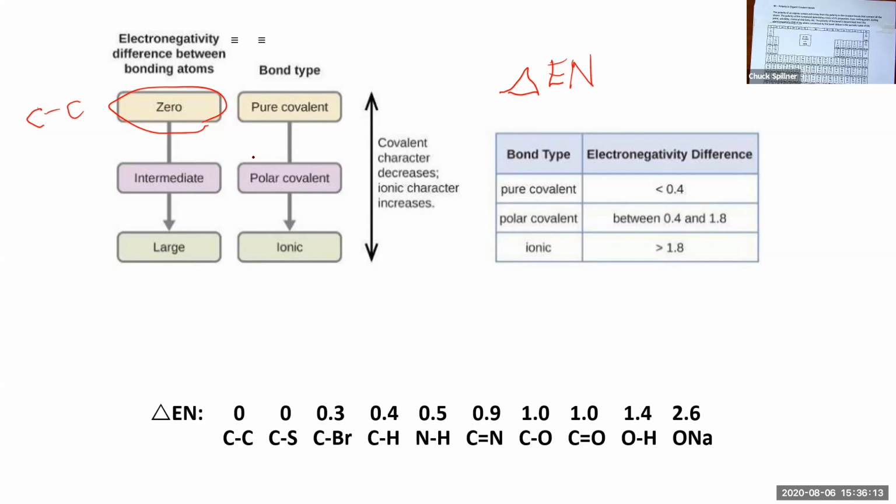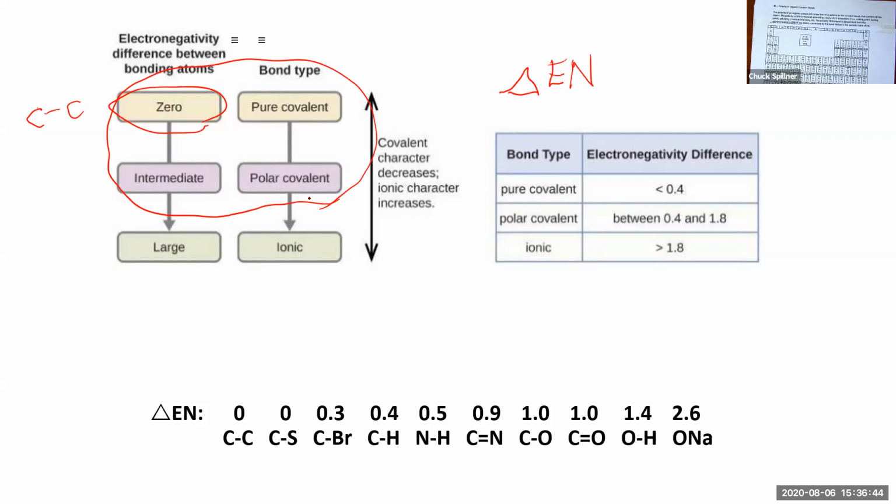We have non-polar covalent bonds and polar covalent bonds. And we'll look at those in a minute. If you have a huge electronegativity difference, say between a metal and a non-metal, you'll get an ionic bond. And usually what we're talking about in organic compounds are covalent bonds: pure covalent bonds, non-polar covalent bonds, and polar covalent bonds.